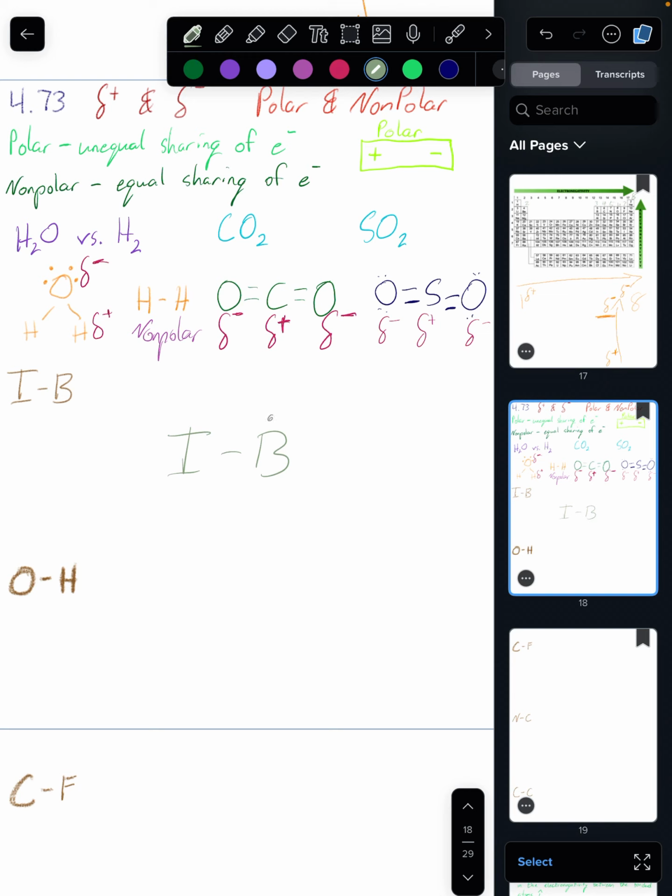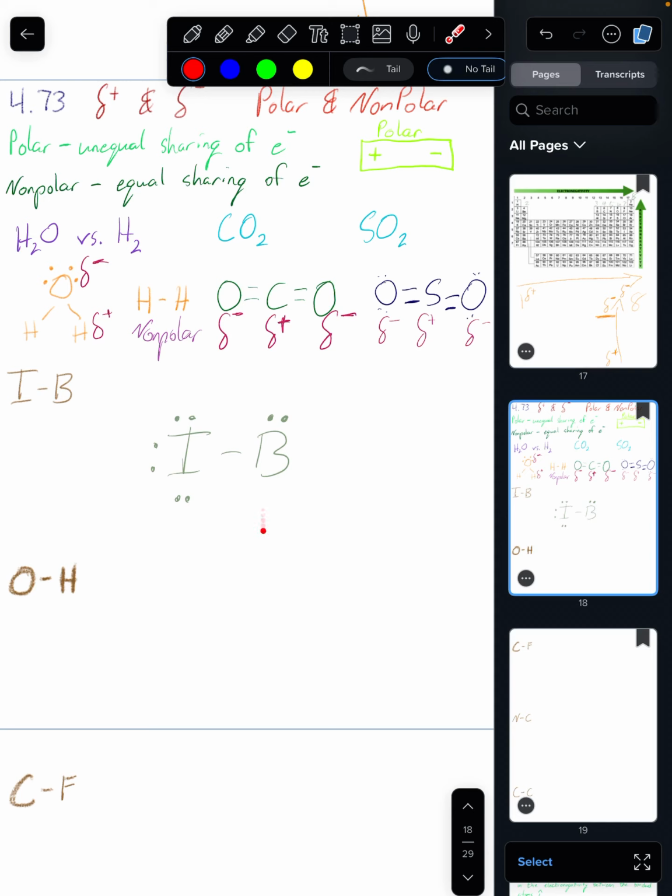So this one will have 3. This one likes it 7. Okay, so this one's happy, whereas this one is not. Remember the octet rule. In this case, it is happy this way.